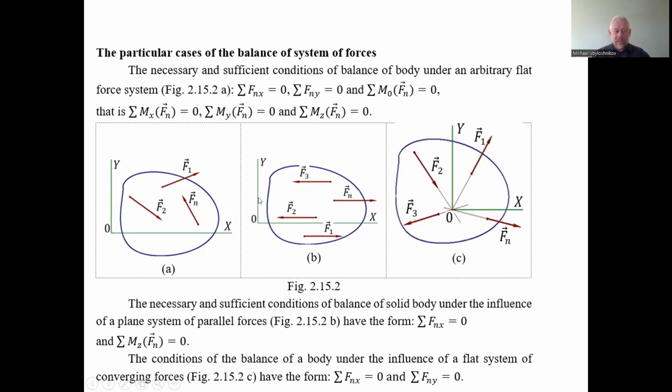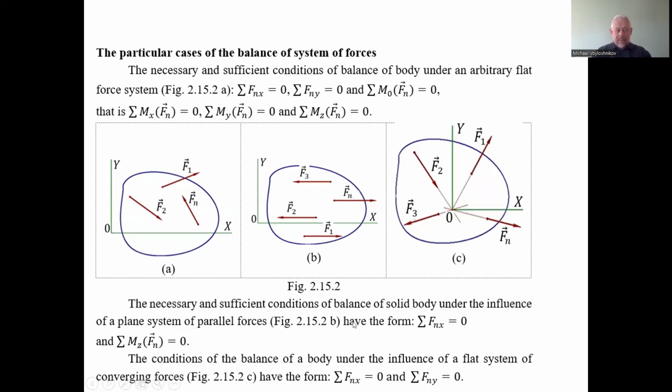We do not consider the total of the projection of forces on the ordinate axis. This is because these forces are perpendicular to the ordinate axis and cause 0 projection on the ordinate axis each themselves.